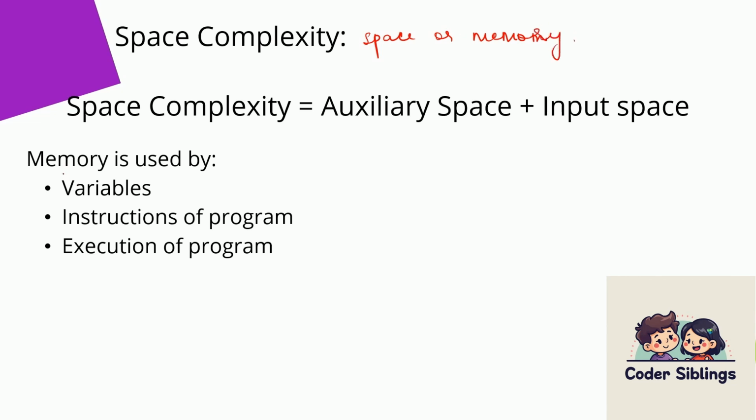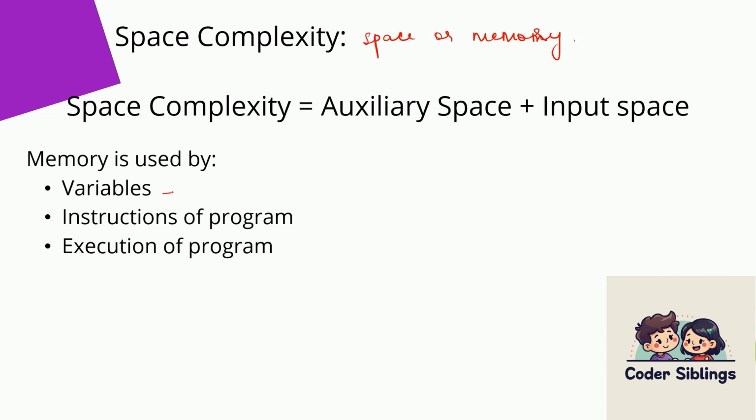Now, when we talk about a space complexity of an algorithm, memory is basically used by variables in an algorithm, by the instructions of a program, like the subsequent instructions that we follow, and finally the execution of our program, right? So these are basically the 3 points where memory is being used.